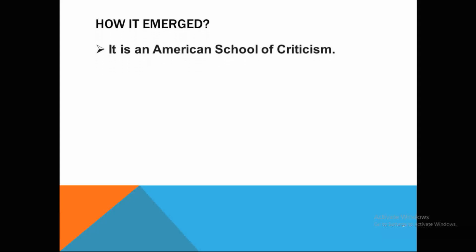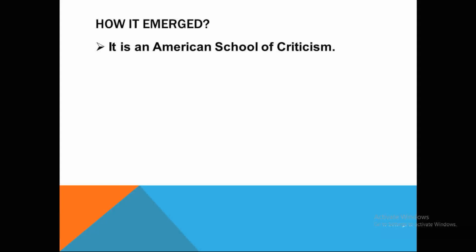Usually this mode of literary theory and criticism belongs either to the American school of criticism or the European school of criticism. So you should be able to relate each school to which part of the world it belongs.